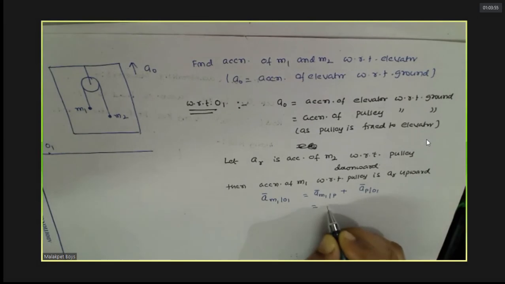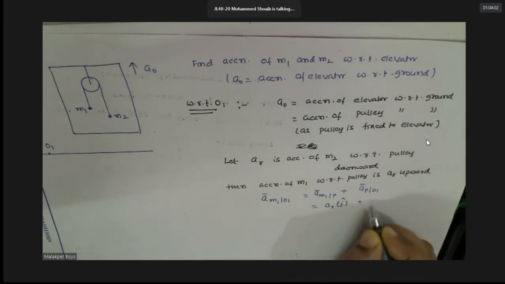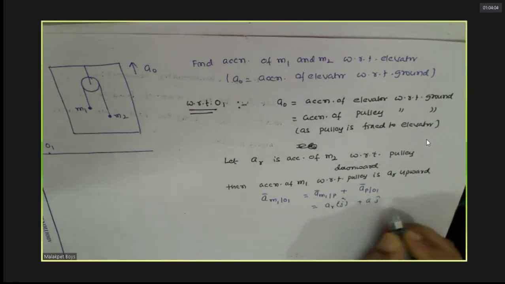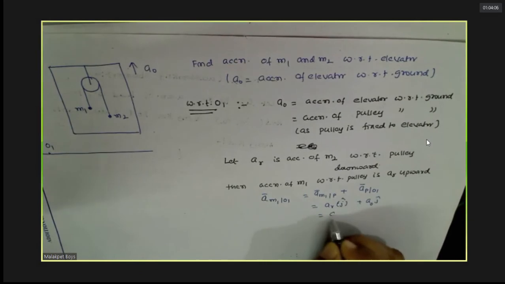This is upward. This is also upward. A naught. So you get A plus A naught j cap.